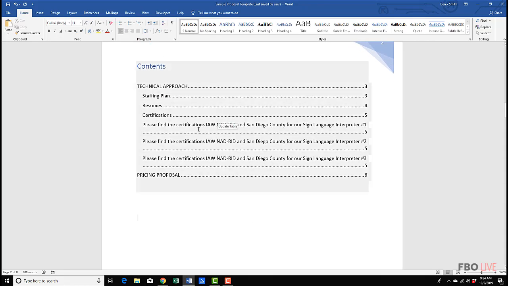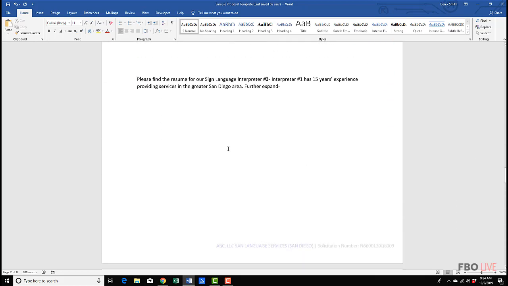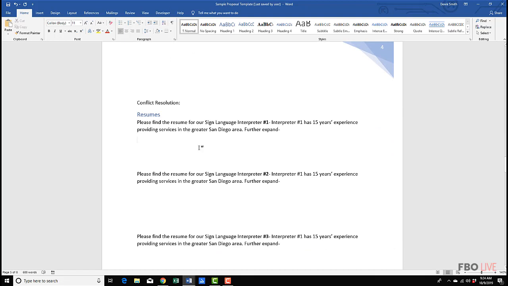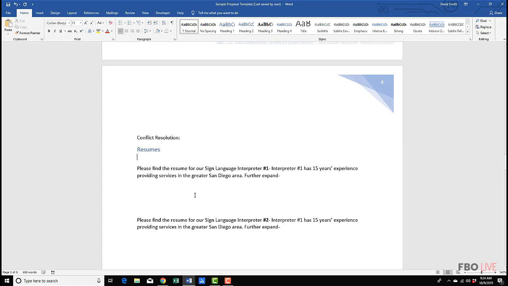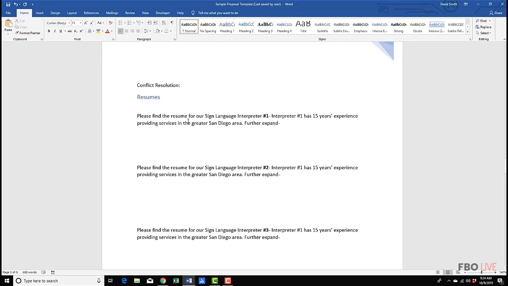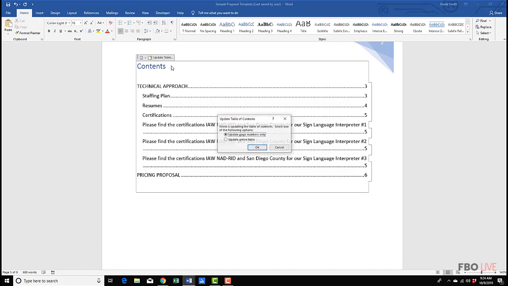Updating my table here. Just need to... Why is it being like that? I think we need to put a space there or something. Table of contents are always a crazy thing, right?